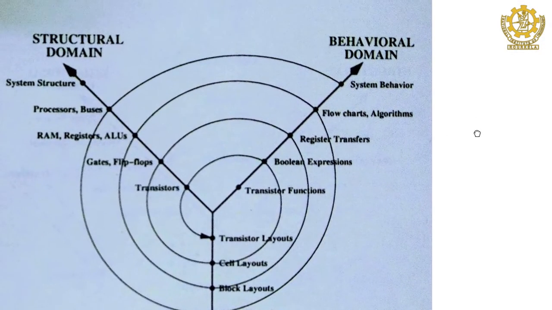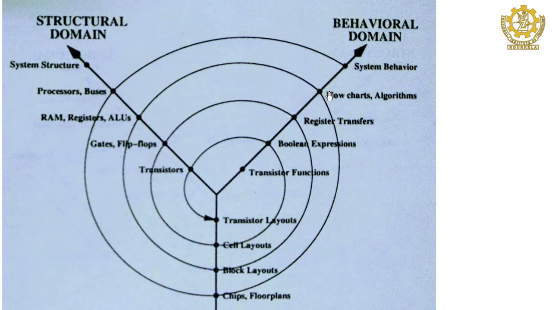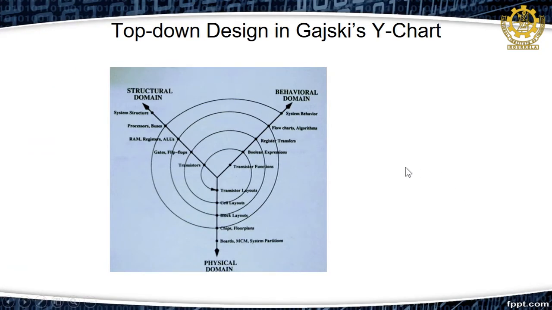Top down approach means you are starting from the behavioral level, going to the structural level, then covering a few physical domain items, again going to the flow chart, then gate or flip flop, then block layout, then register transfer level logic, then transistor, then cell layout, again some Boolean expression, and finally through transistors you are doing the transistor layout. So this is one example of your top down approach.